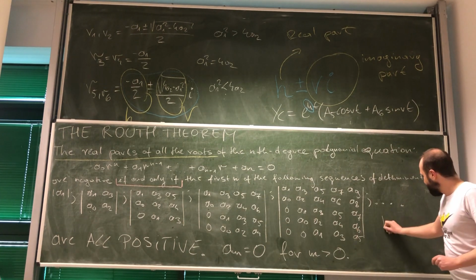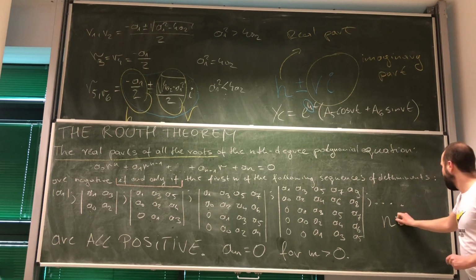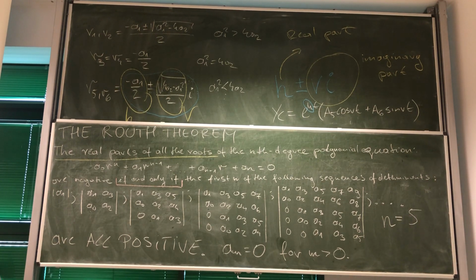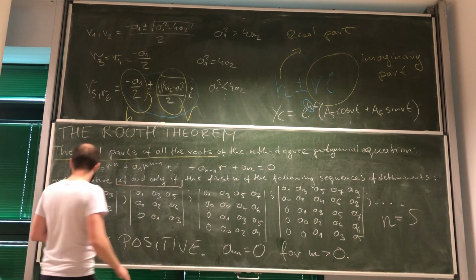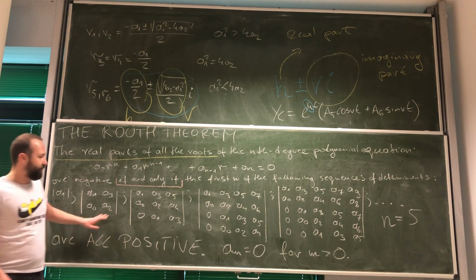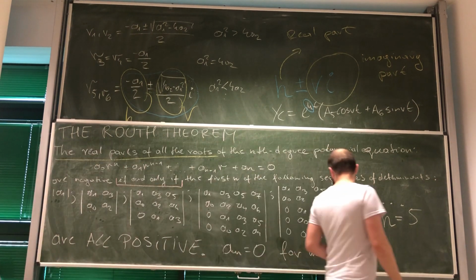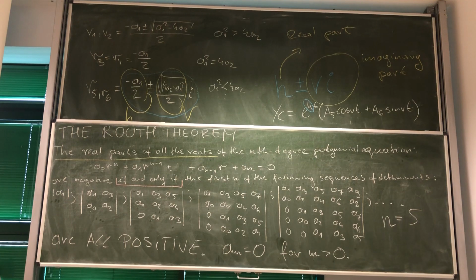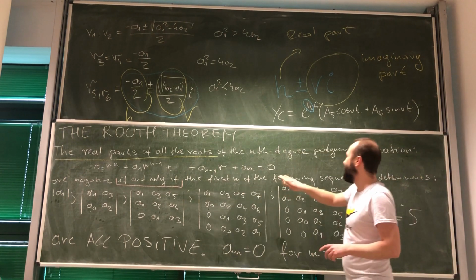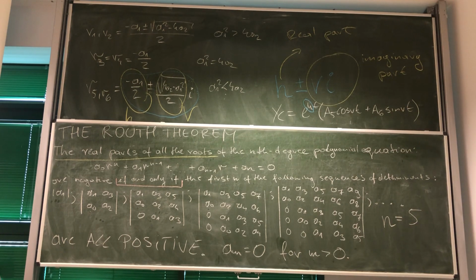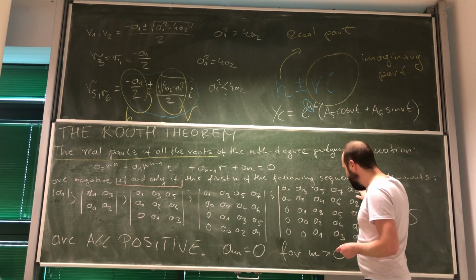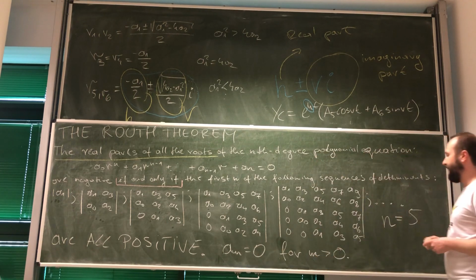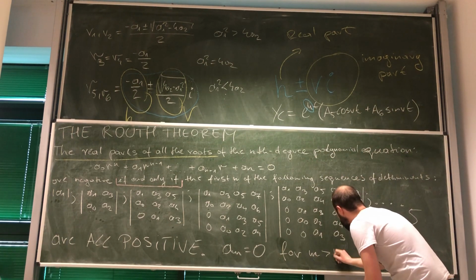Okay, let's just say that we are dealing with polynomial of degree 5. Here, we need to calculate 5 different determinants, right? Because n is 5. We always calculate n first of the following sequences of determinants. But look, here we will have A7, A6, A8, A9, but m, of course, in this case, oh, it's not bigger than 0, it's bigger than n.